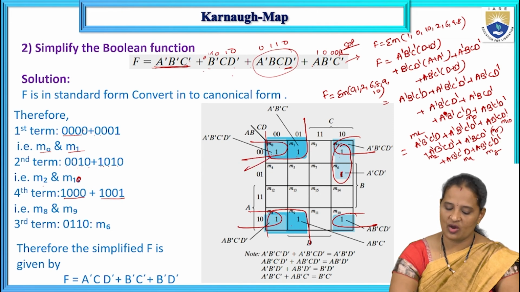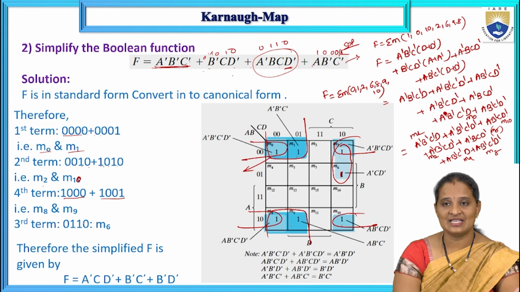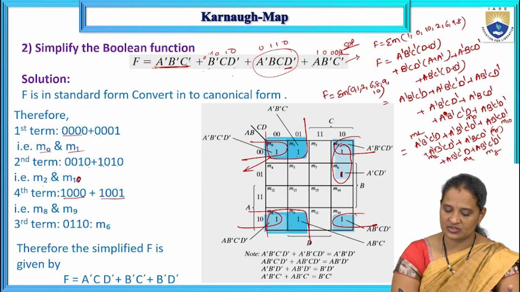As I told you, how many variable function is it? It is a 4 variable function. As it is a 4 variable function, if I form a quad, how many variables can I eliminate? I can eliminate 2 variables. What is the prime implicant for this one? First row, last row, A value is varying, eliminate A, B value is common, so B complement.